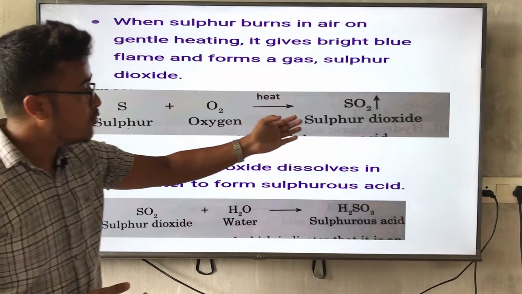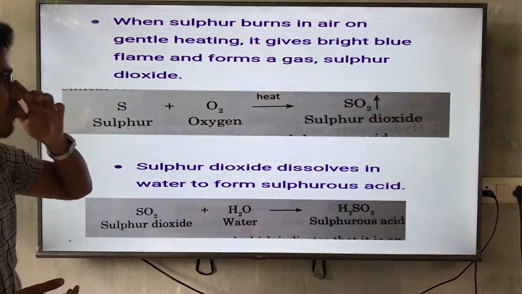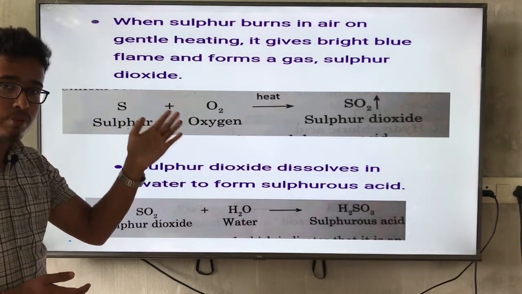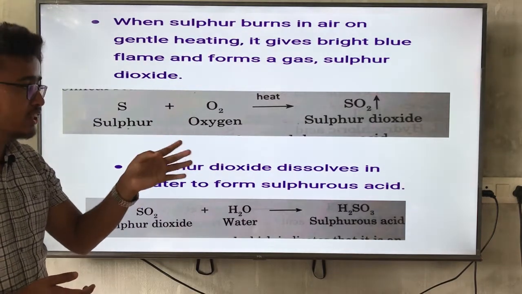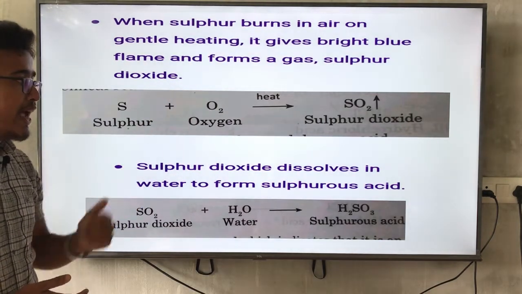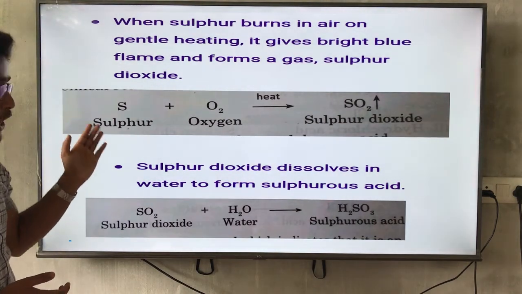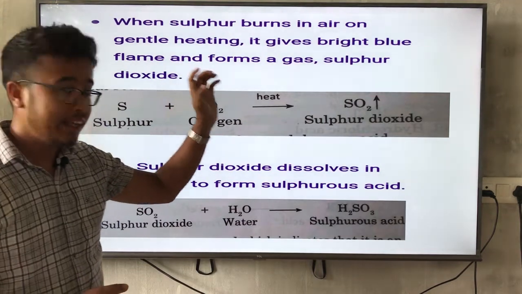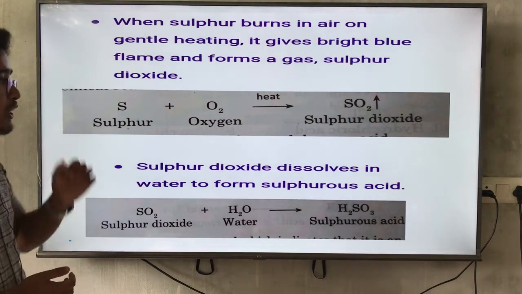The formula of sulfur dioxide is SO2, and this arrow means sulfur dioxide is a product, and that product is evolved as a gas. So whenever sulfur reacts with oxygen by applying heat, it will form sulfur dioxide. You have to remember this.